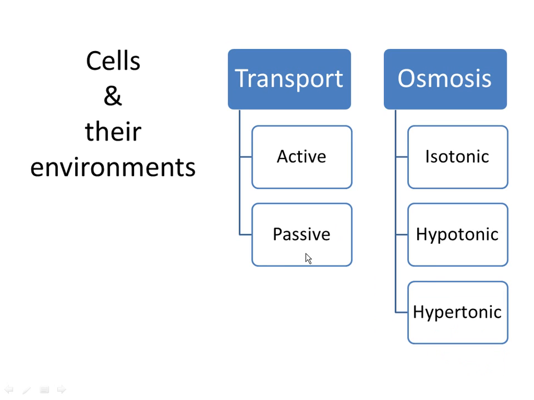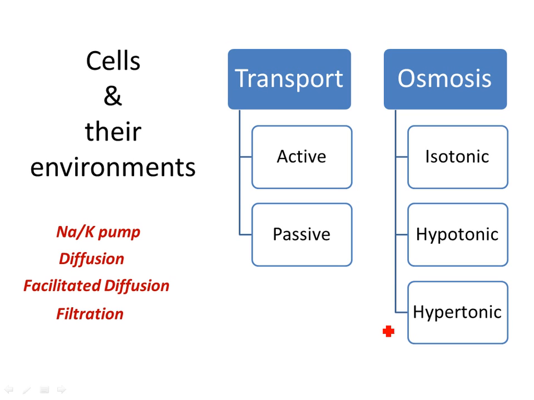Passive transport is what we get when a cell moves a molecule with a gradient, and that molecule is pretty easy to move. It's not that big, and it's soluble across the membrane. So passive includes things like diffusion, facilitated diffusion, filtration, and osmosis.